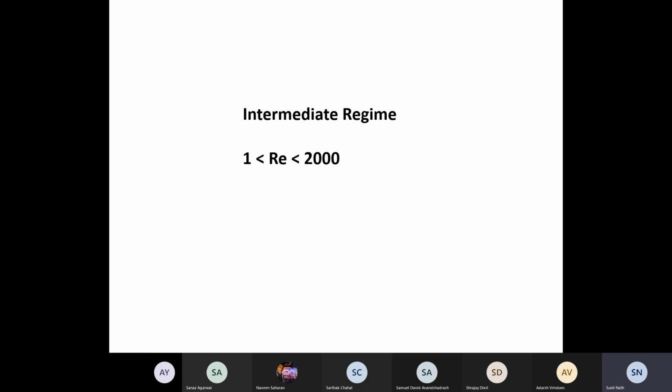We have called it the intermediate region, and the Reynolds number range is also given to you on the slide. But we don't know how to evaluate the terminal velocity, how to evaluate the drag force in this region.